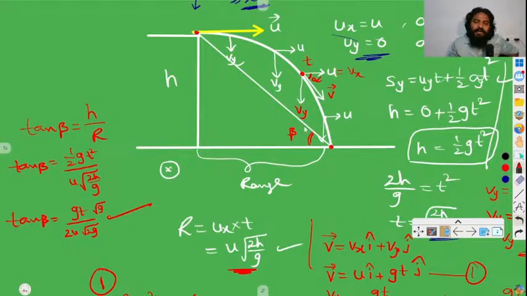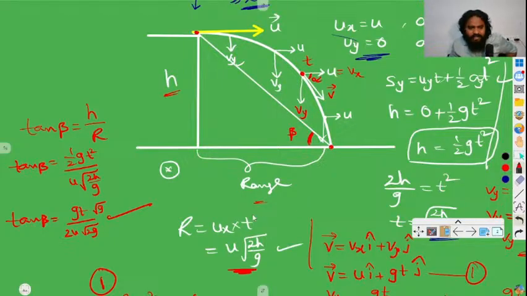But you should remember that beta is nothing but opposite by adjacent. Opposite is the height and adjacent is the range, right? So it is very clear.